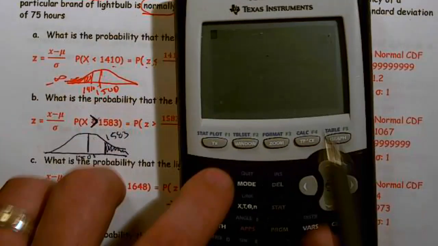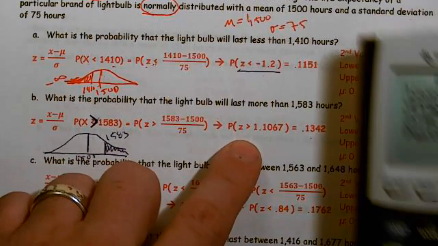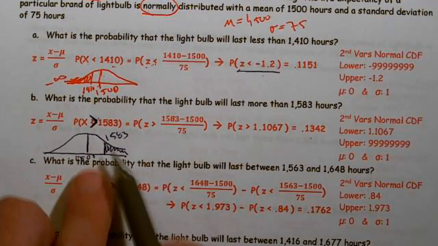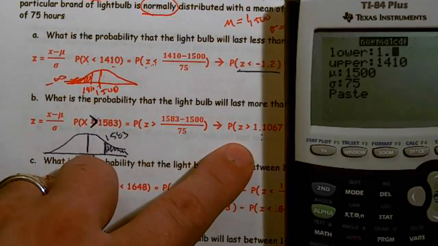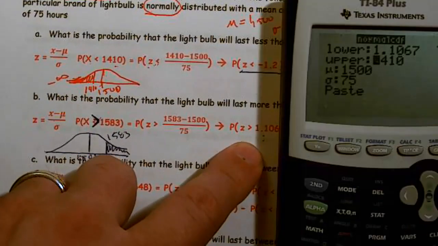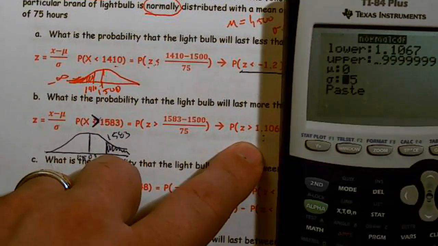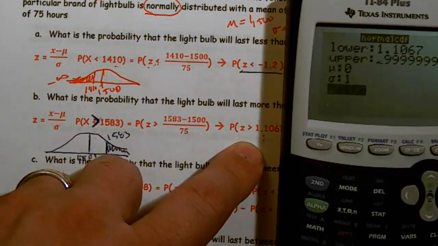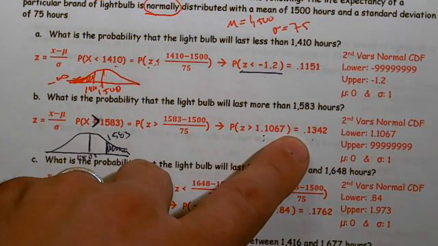So how do I get that percentage? I go to second vars, normal CDF, and this time my lower bound would be this value right here, 1.1067, and my upper bound is going to be positive infinity. So I'm just going to load it up with a bunch of nines. We're working with a z-score, so all z-scores have a mean of 0 and a standard deviation of 1. And there we get our 0.1342.